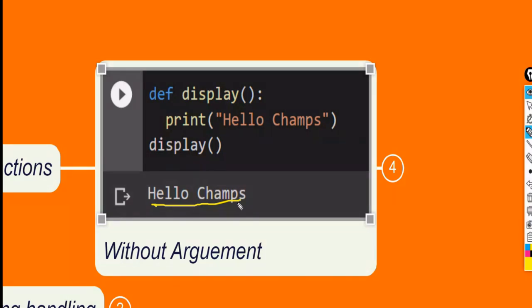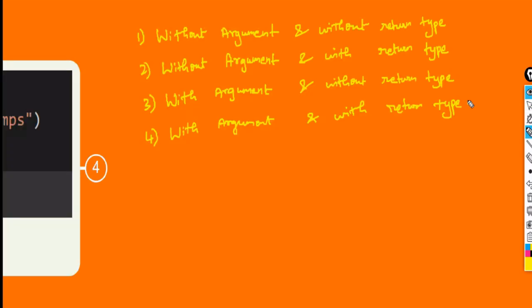We have four different ways we can create a function. Let us see what they are. An argument is nothing but some values we pass whenever we are calling a function.